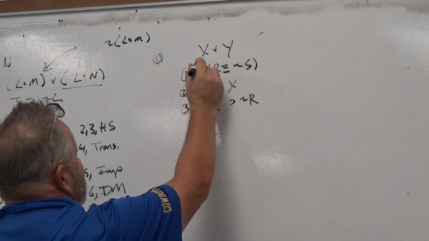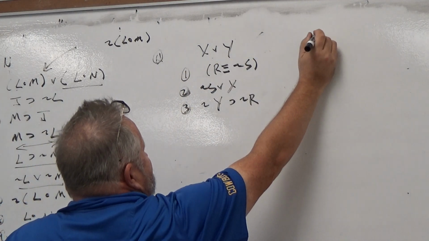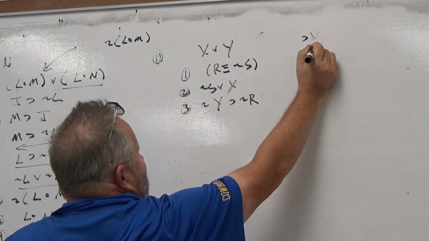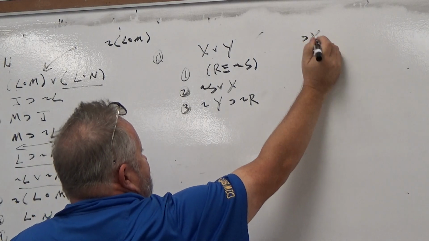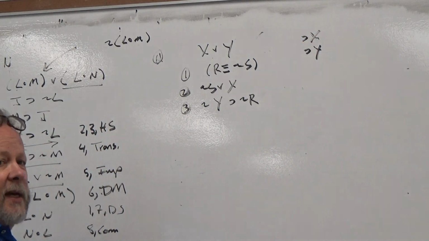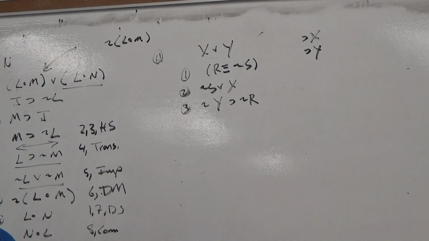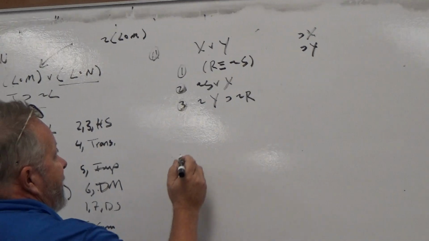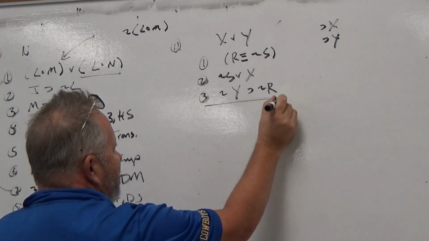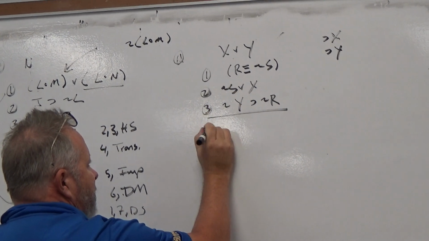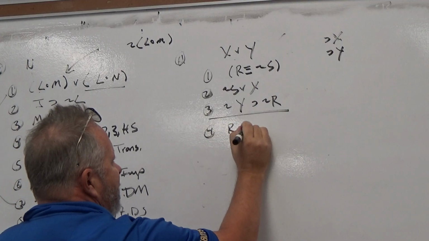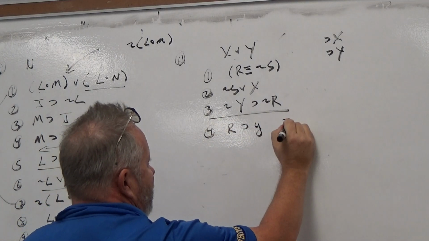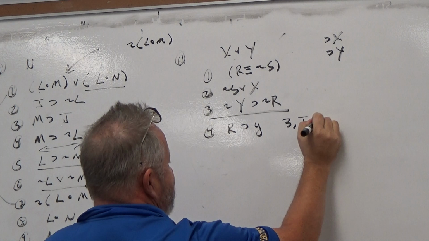I'm just gonna put these like this, then X, then Y, because I'm thinking I can get to them by a constructive dilemma. That's just my hunch. And so look at line 3. If I flip the order, I get R, then Y from 3, and that's by transposition.